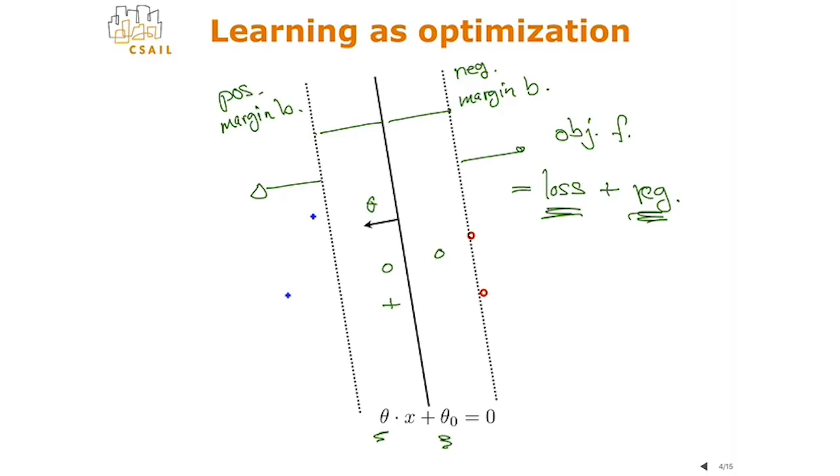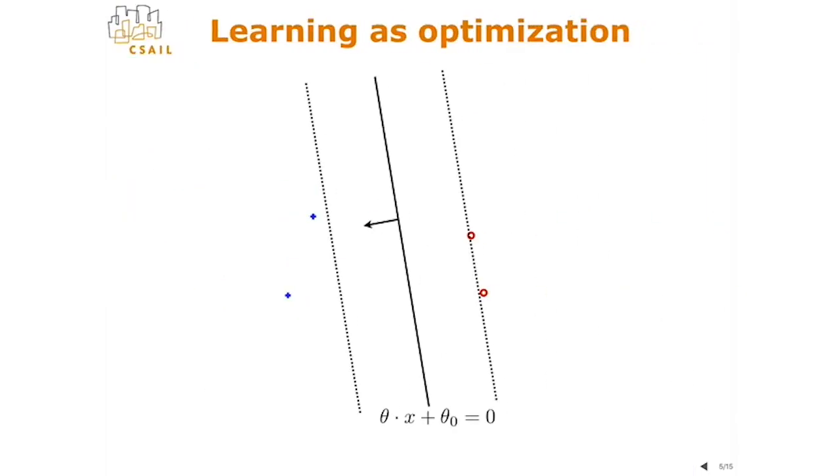So we will formalize the objective function and then find parameters theta and theta naught that minimize this objective function. Let's see how we do that formally. The first thing that we must do is to define what exactly the margin boundaries are and how we can control them, how far they are from the decision boundary.